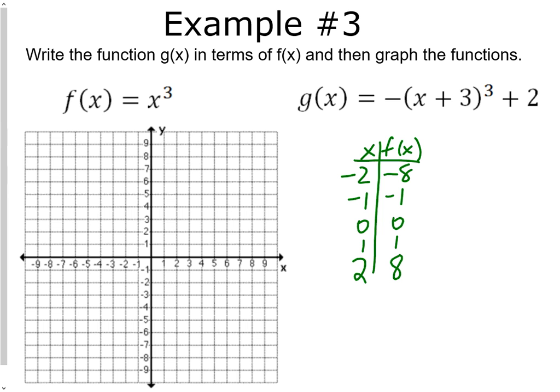I call it the snake graph because it kind of snakes up our y-axis, just like that. Okay, so let's take a look. So I'm starting here. I have this negative sign outside of my function, so that means it's a reflection in the x-axis. So that's where I'm going to begin.